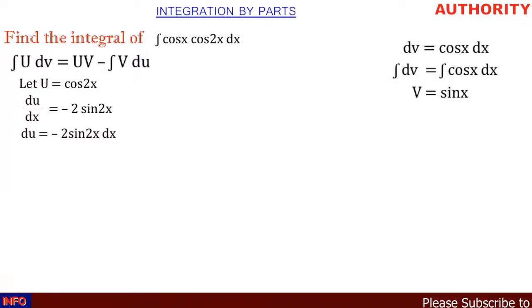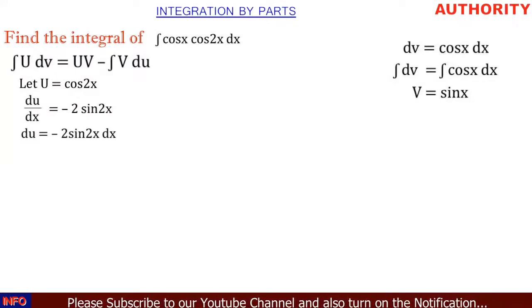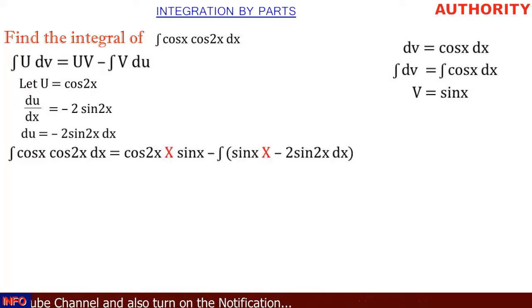Now when you look closely at what we have solved so far, we have obtained u, dv, v, and also du. Our formula says that the integral of u dv is equal to u times v minus the integral of v du. Let's bring together all the terms we have gotten.